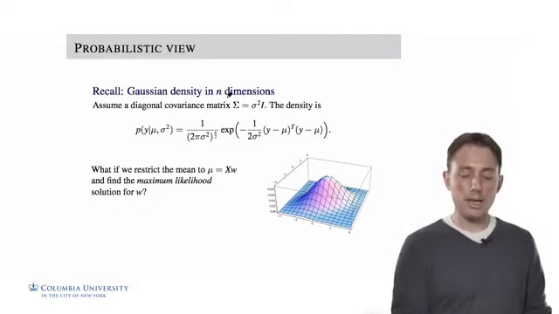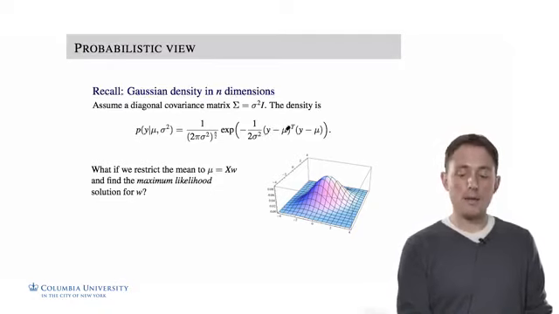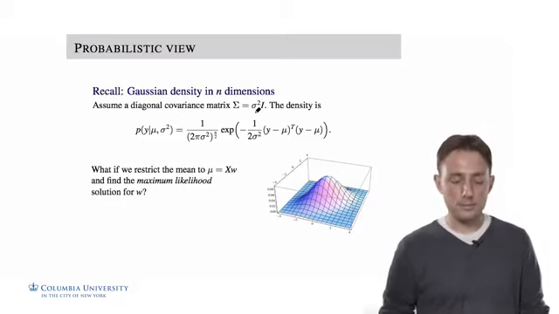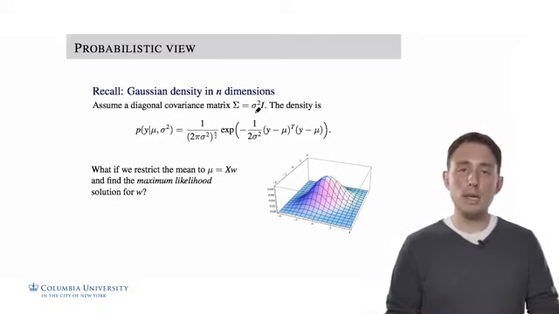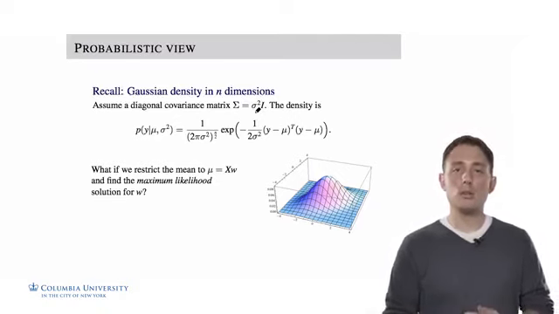We can write an n-dimensional Gaussian in this way, where we take the dot product of the output of the random variable y minus its mean mu, and then the dot product of that, and pass it through this density function.